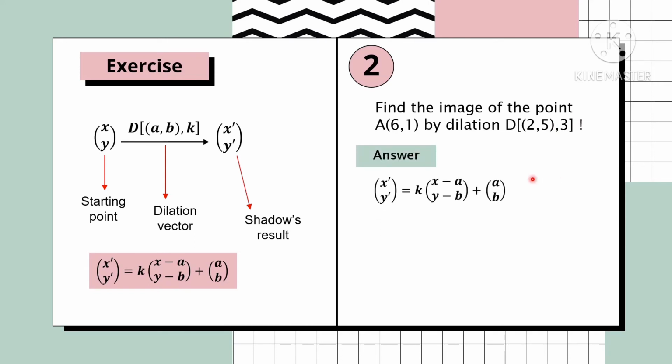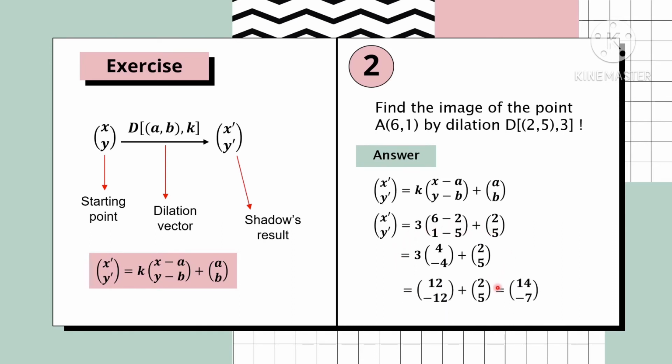Okay, the answer: k is equal to 3, x is equal to 6, y is equal to 1, a and b are equal to 2 and 5. So we can just change the variables to the values here. And we do the matrix operations until we find the answer is the matrix with the values 14, minus 7.